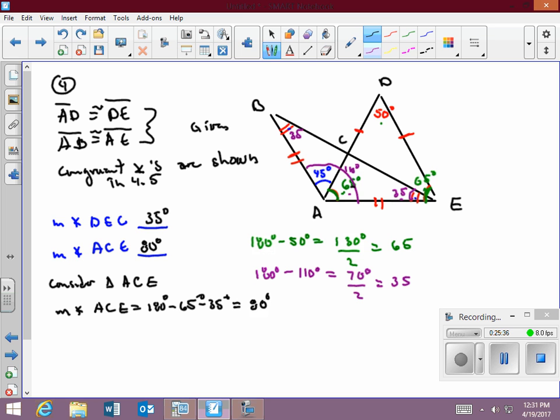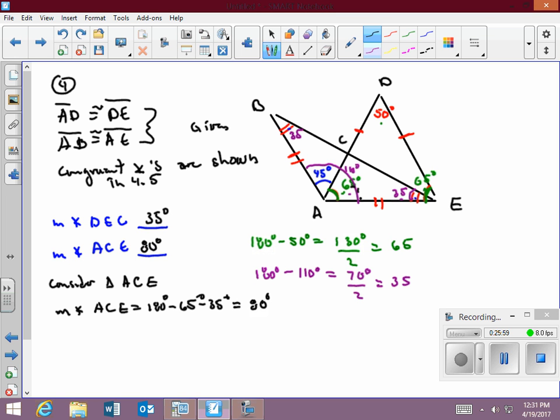DEC is only 30, not 35. Okay, this was 110. This purple angle right here is 110, isn't it? Further to your right, sir. The angle at the very rightmost.